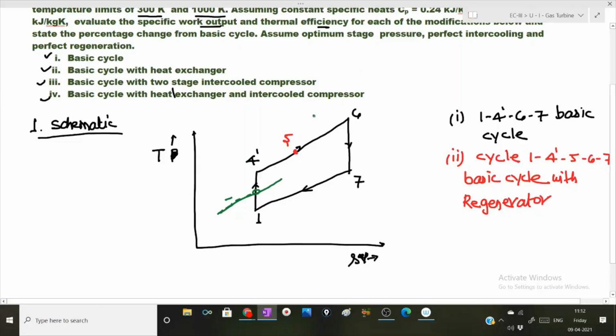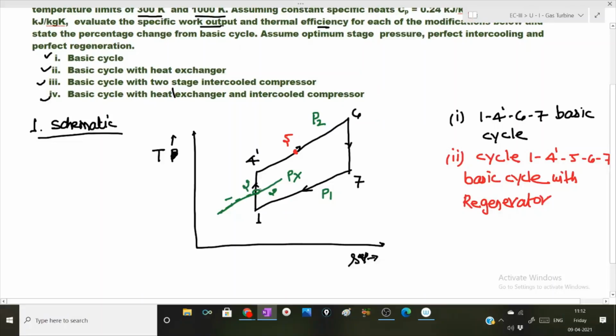Let's say this is pressure P2, this is initial pressure P1, and this is intermediate pressure Px. So intercooling, what it does? First, air is compressed in a low pressure compressor from state 1 to 2. So this will be state 2.